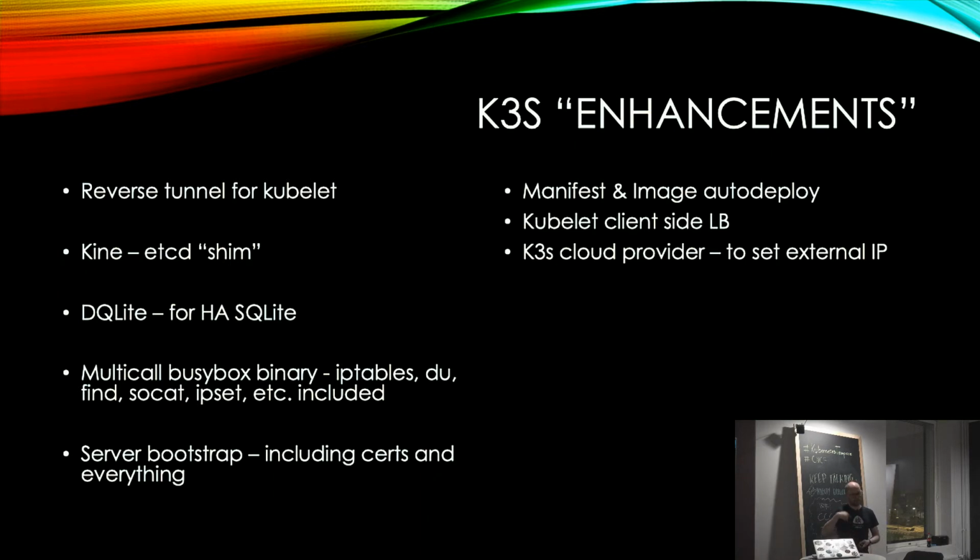So it basically runs kubectl apply on whatever it finds on the local disk. So you can pre-bake your products with this, which is nice. And of course, they had to do their own cloud provider implementation to get the external IP address in place for the nodes.